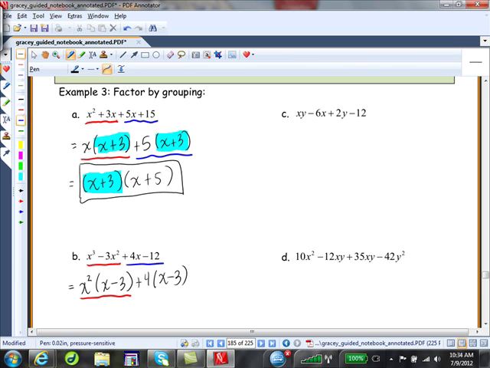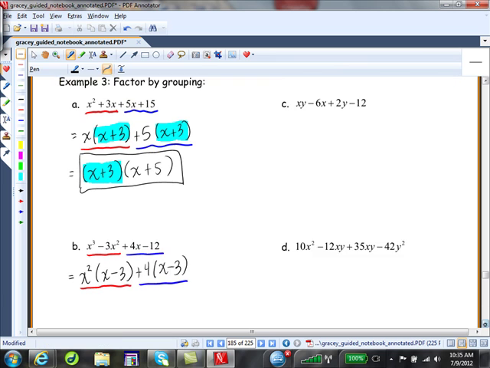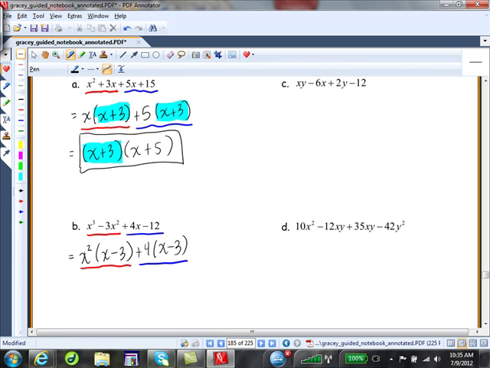Now you might be catching on that if you did this right, or if you're able to factor, in this case the 4-term polynomial, then you'll end up with a common binomial factor. So when we factor out the common binomial of x minus 3, do you see that x minus 3 times x squared gives us the red group, and then x minus 3 times 4 gives us the blue group.